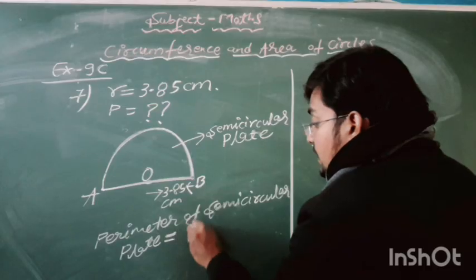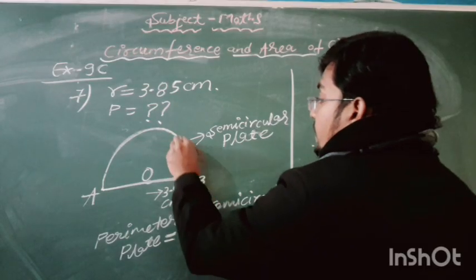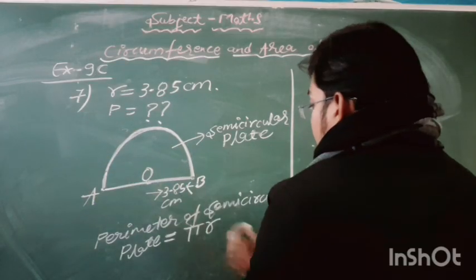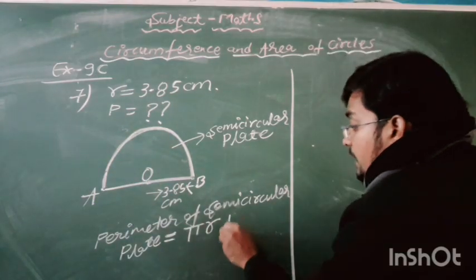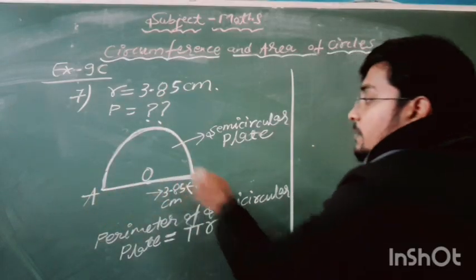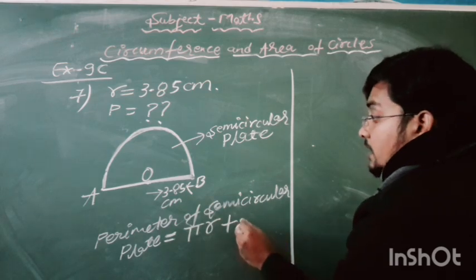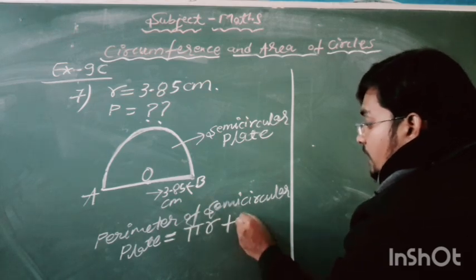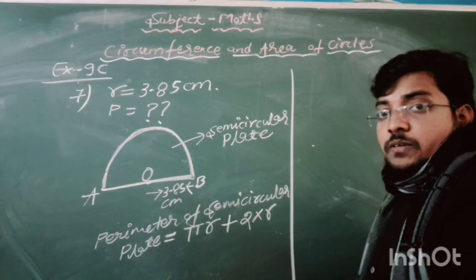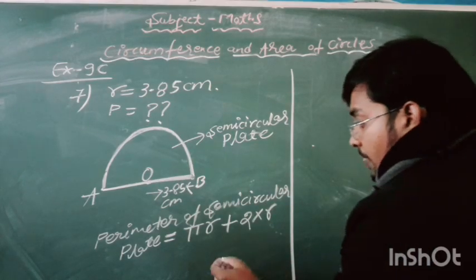So it is pi r, which is the length of the circular part of a semicircular plate, and the length of a straight line, which is the diameter of the semicircular plate, is equal to 2 into r, because we know that the diameter of the circle is twice its radius.